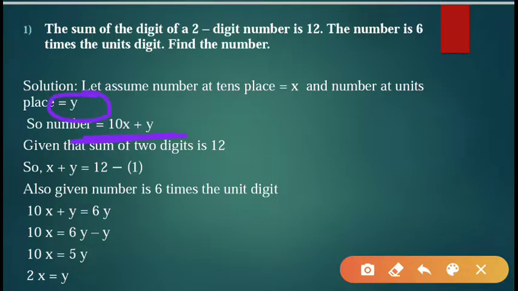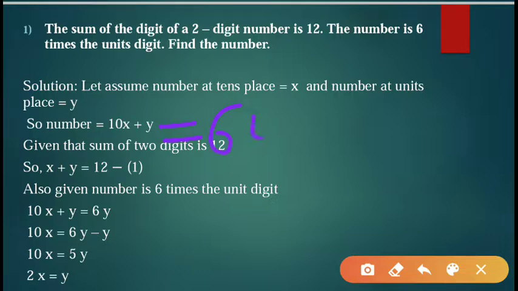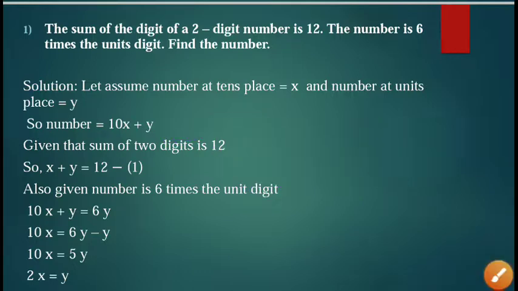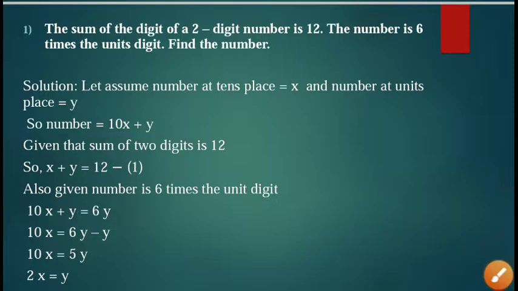Unit digit is y. So we can write that this number is equal to 6y. Why 6y? Because we have considered y as the unit place and it is given 6 times. 6 times means 6y. Times means multiply. So it is given that the number is 6 times the unit digit, so we can write it like this, 6y.